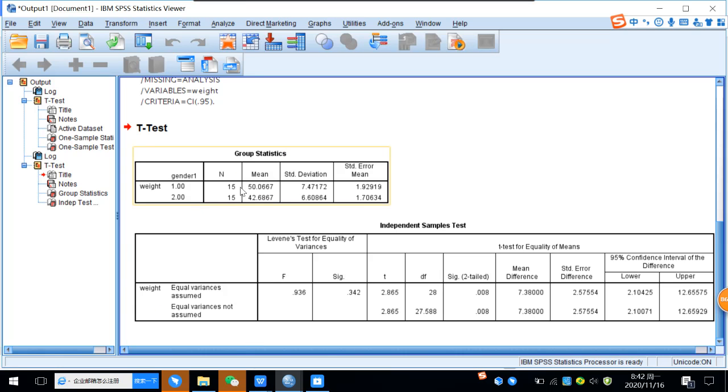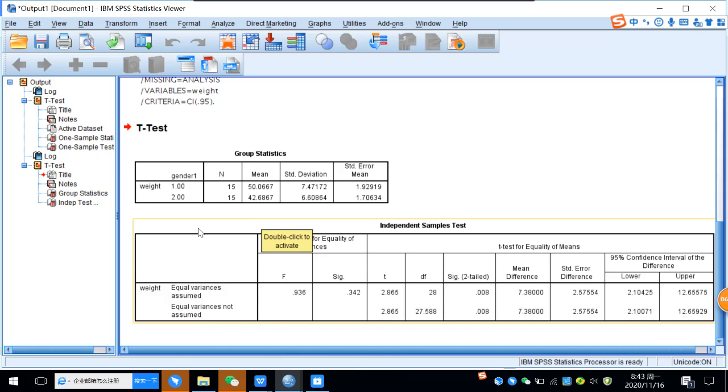One is male, so the mean weight of the male is 50. The mean weight of the female is 42.68, right? So here you can see that the male is more than the female. It looks like that.